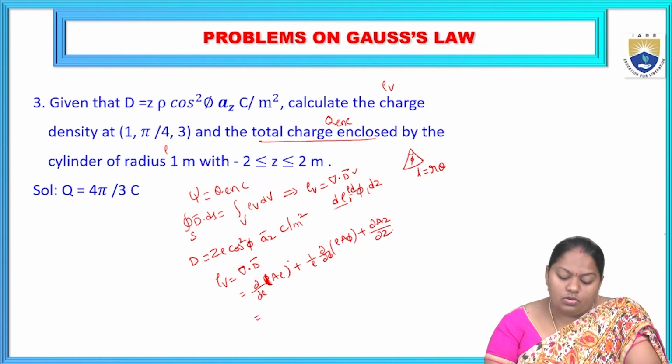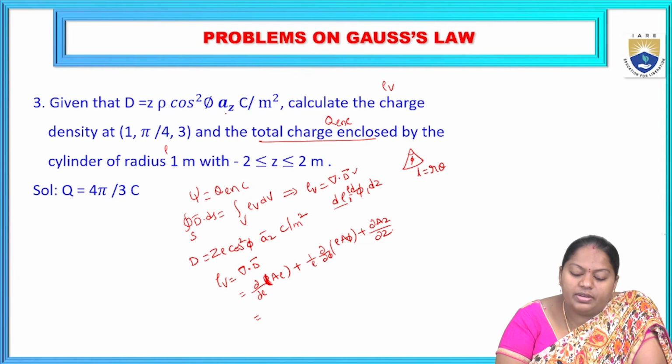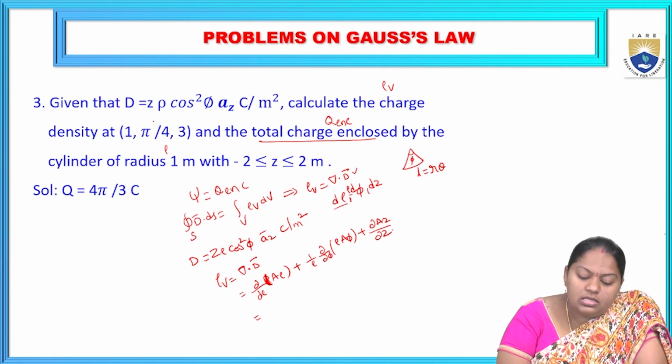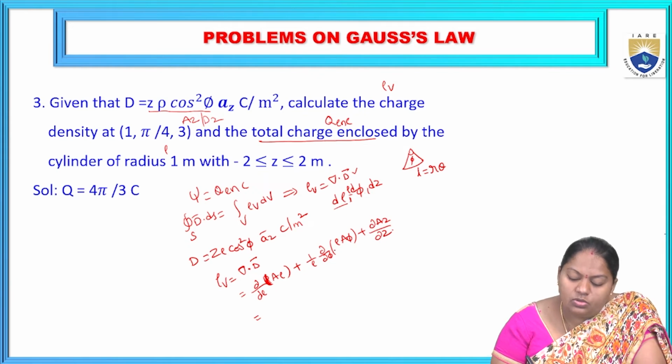So here D equals z rho cos square phi a z, means only the z component is given. It is represented with a z or Dz. So in place of Dz only, we are writing the component, means the rest of the two become 0. Then dou by dou z of the a z value or Dz value is given.